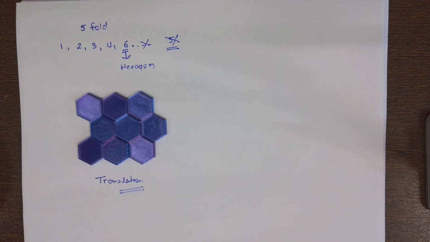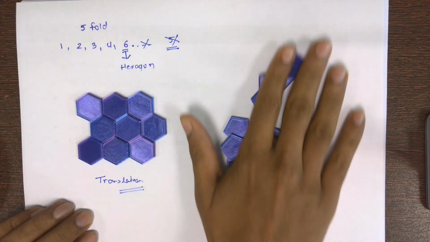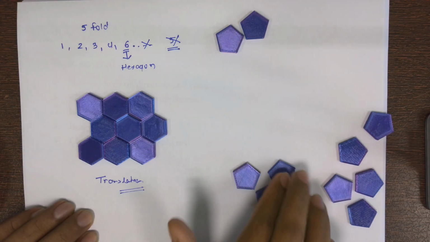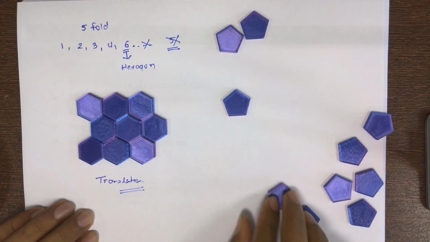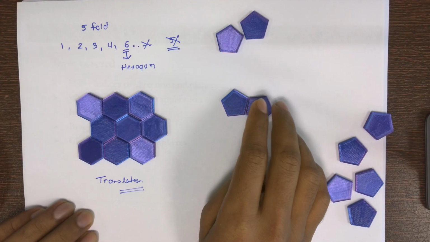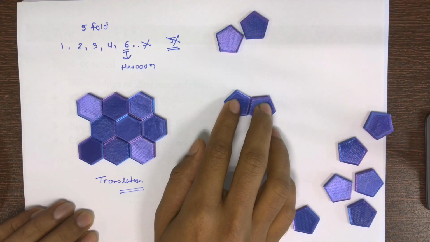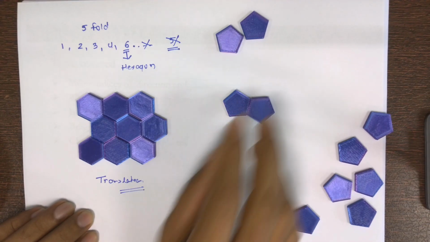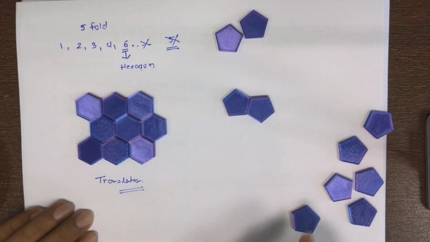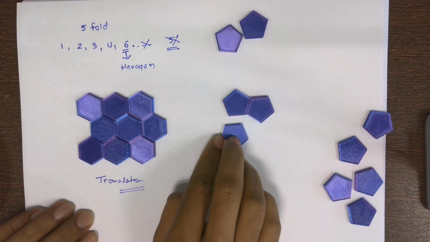Now let's go to the pentagon. I have a couple of pentagons with me. Let's start with one. I'll put another over here, just next to it, trying my best so that there shouldn't be any gap left between them. Let me place one below also.